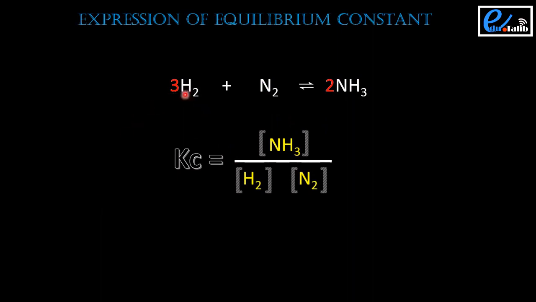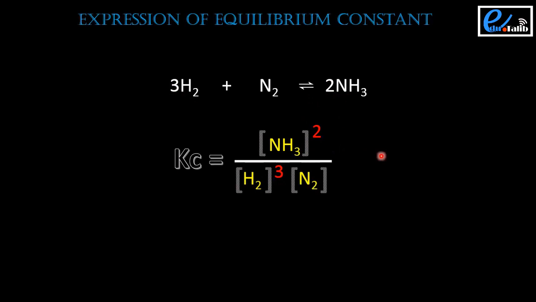And now over here, the 3 is the number of moles of hydrogen. It is mentioned by the red color. You now have to move this number as the power of that particular reactant, that is the H2. And then over here, there are two moles of NH3, so that should be placed as a power of the concentration of NH3.